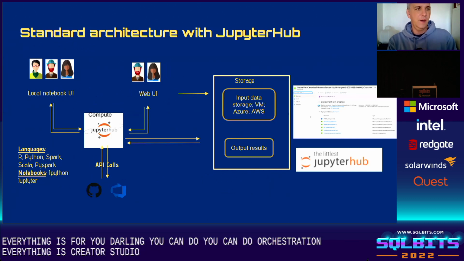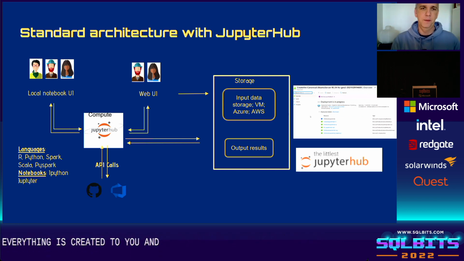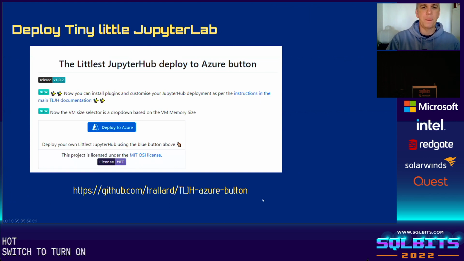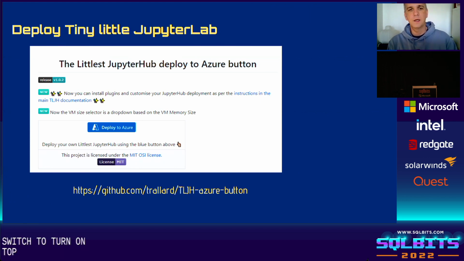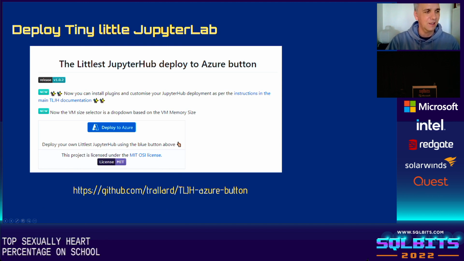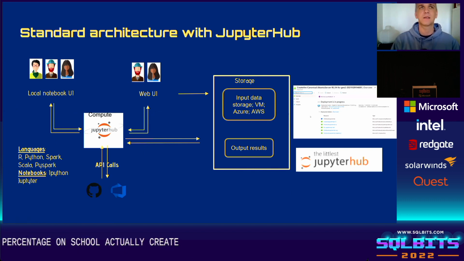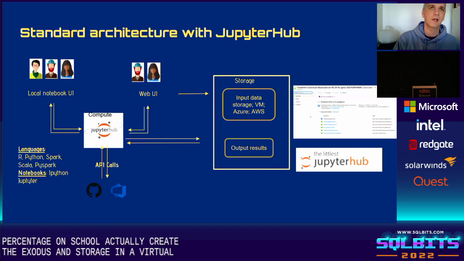And then you also have, for instance, JupyterHub or JupyterLab. JupyterHub is something that, if you go to this website, GitHub Trallard, there is actually the Littlest JupyterHub button that lets you just click on it, and there is a Terraform script in the back that will essentially create the whole Ubuntu virtual machine with all the access and storage and virtual private network and keys and stuff like that.